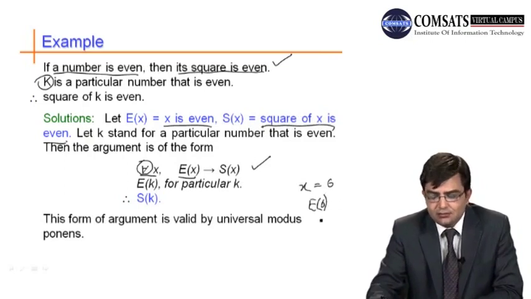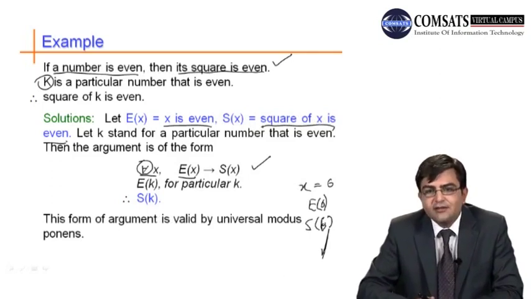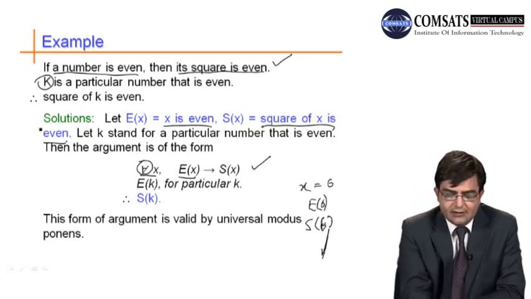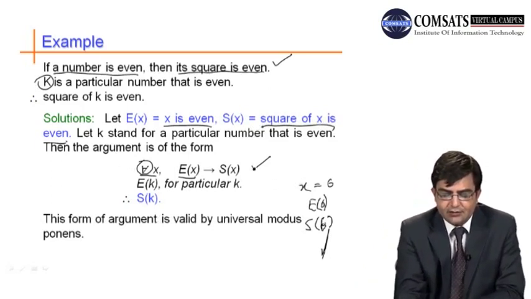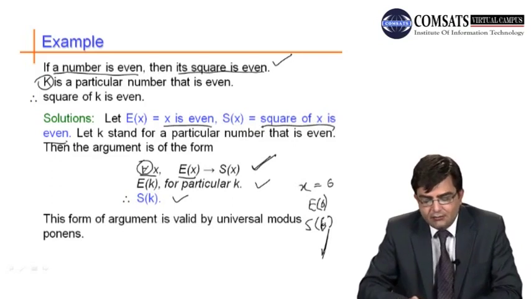If e of 6 is true, e of 6 means 6 is even, then s of 6 will also be true, meaning the square of 6 will also be even. So this is the example of universal modus ponens. I repeat: if a property is true for every x, and we take some particular value of x and say that e of that value is true, then s of that value must be true.